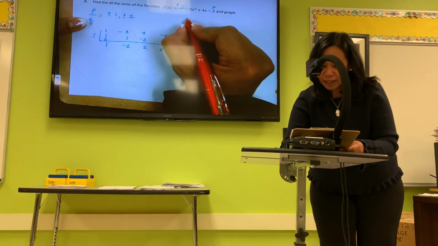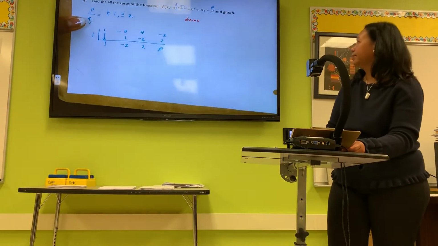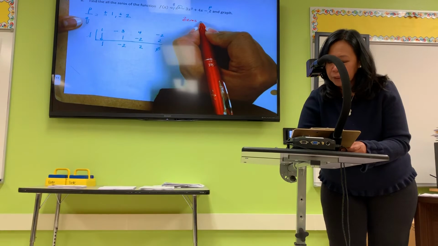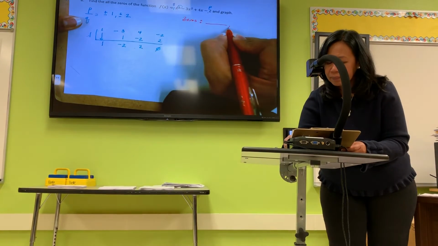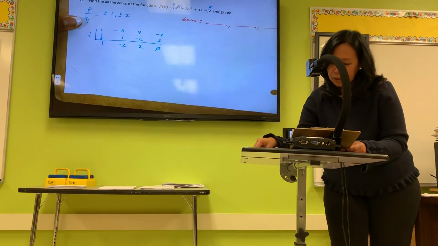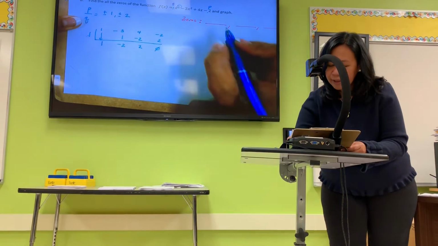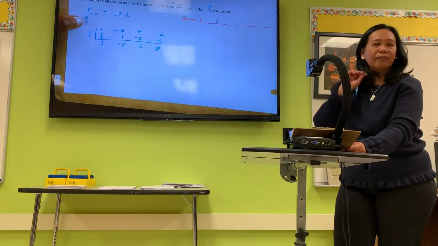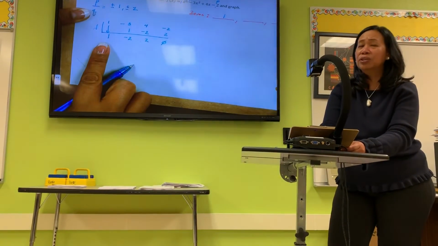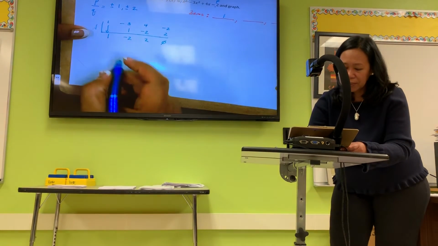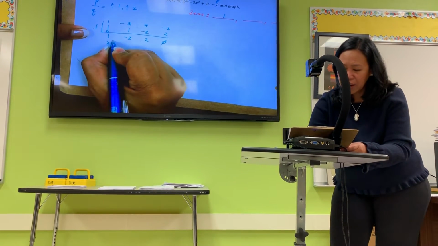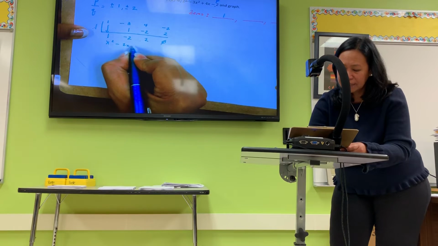So the zeros are, I'm going to write it down on the side. We're looking for 3 of them. So the first one is +1. We need to find 2 more, but we're down to x squared. So I'm going to write the equation already: x squared minus 2x plus 2.